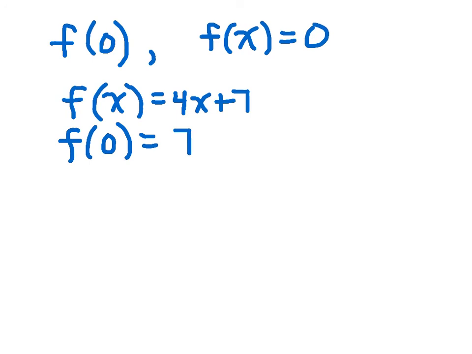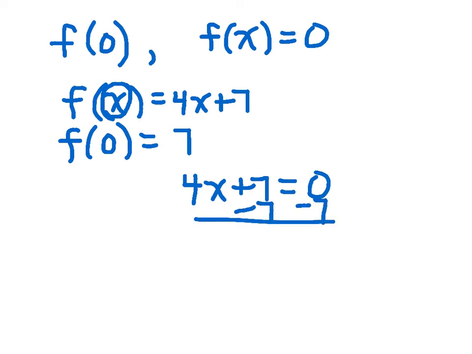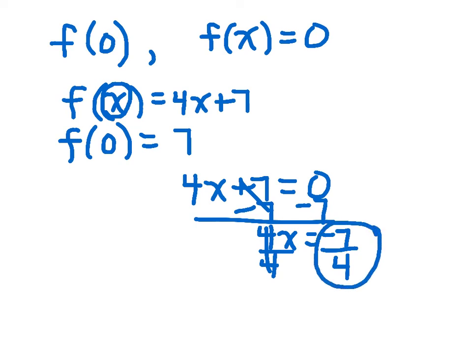To find the value of x that will make f at x 0, we simply take 4x plus 7 and say, well, what number will make that equal to 0? This is just like finding the solutions to a quadratic equation. In fact, it is directly related to that. So this is the answer to this one, and this is the answer to this one.